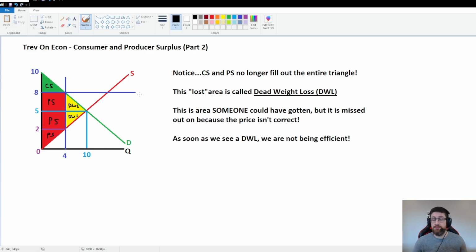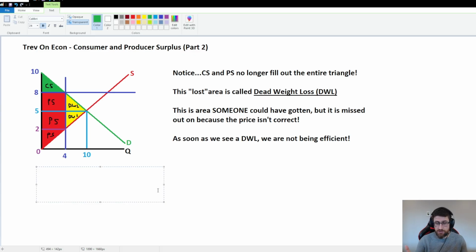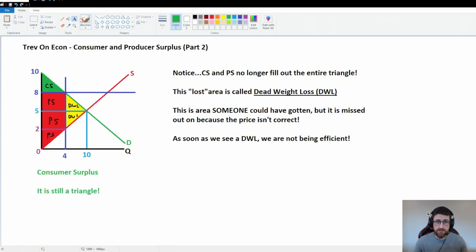Now the fun part. What about the math? Okay, so let's do them in chunks. Consumer surplus is not that bad because it's still a triangle. So what are we going to do? Well, we're going to find its base, its height, divided by 2. So its base is from here to here, which is 0 to 4.